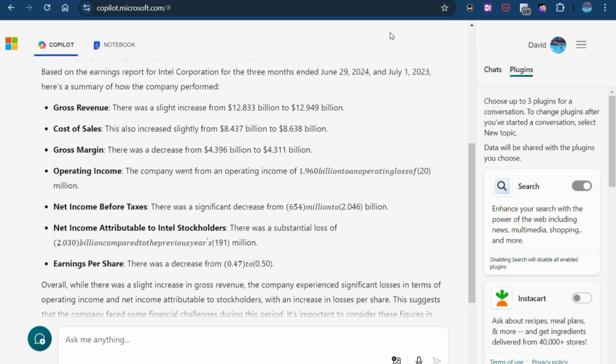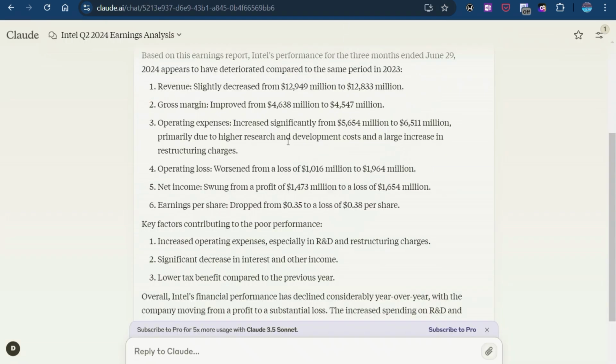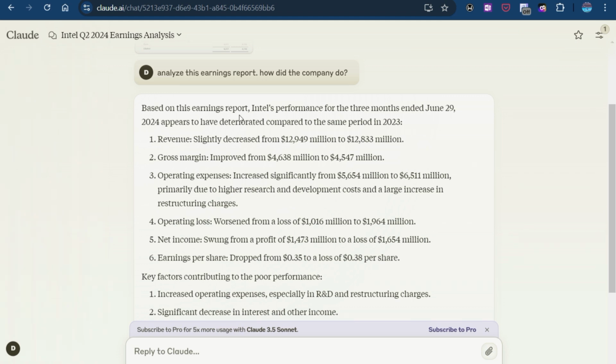Now let's switch over to Claude. I haven't used Claude much, so let's take a look at what it's telling us. Same sort of thing. It tells us the changes as far as revenue and gross margin go. One thing I'm noticing as I'm reading this is that Claude told me revenue decreased from 12.949 to 12.833.